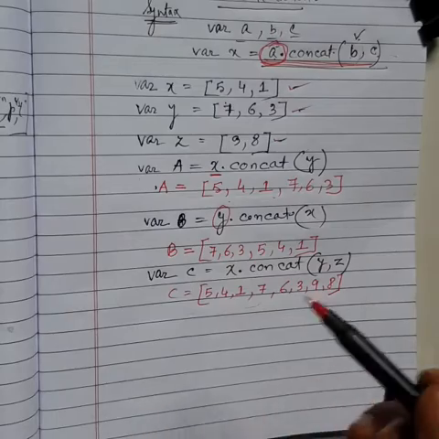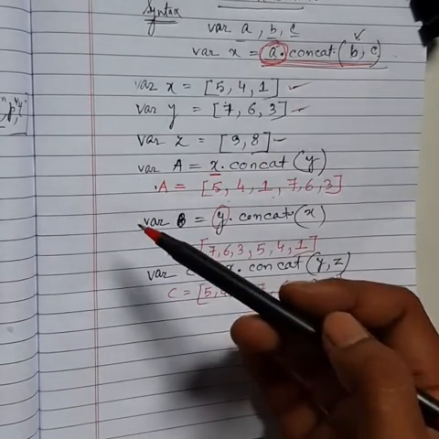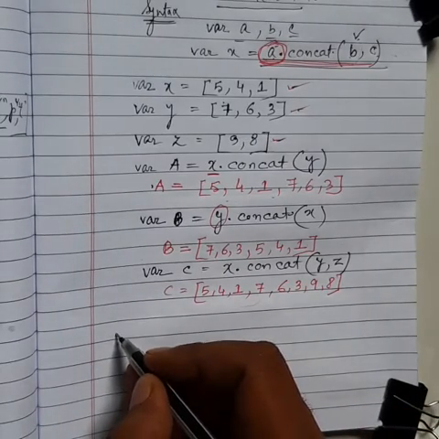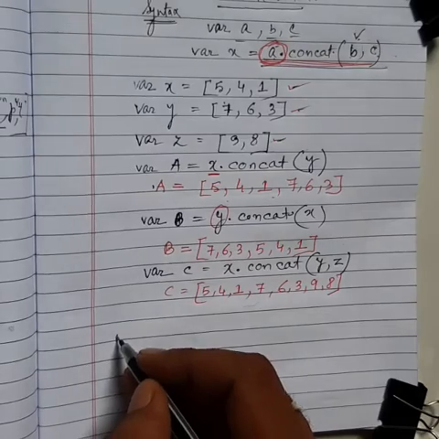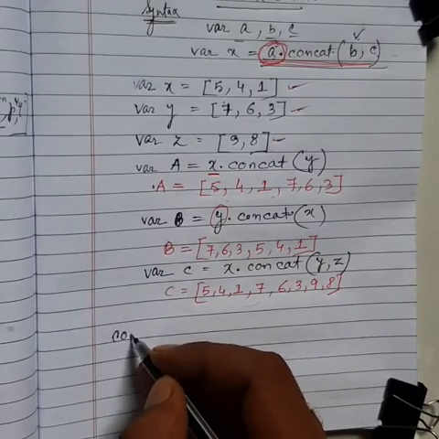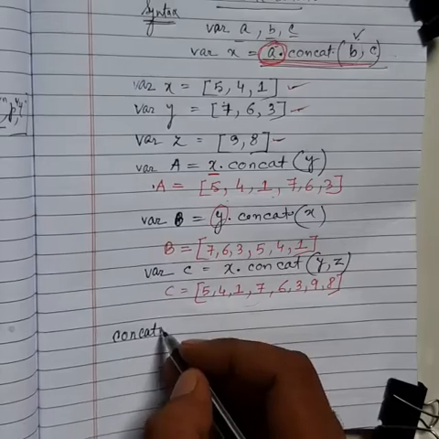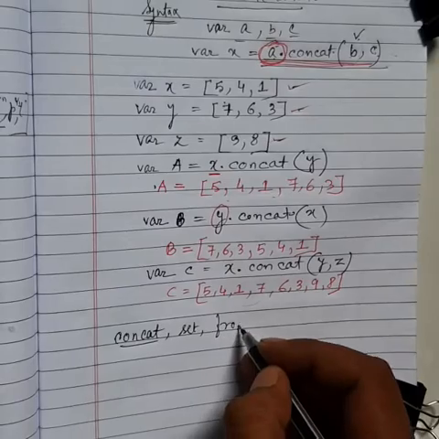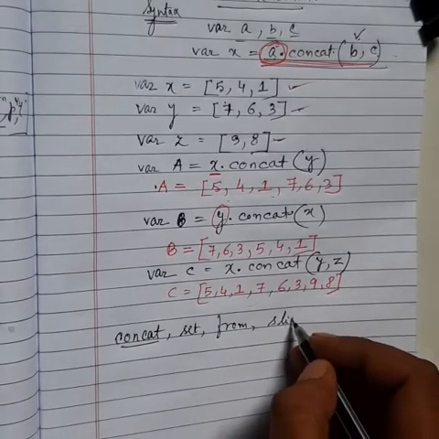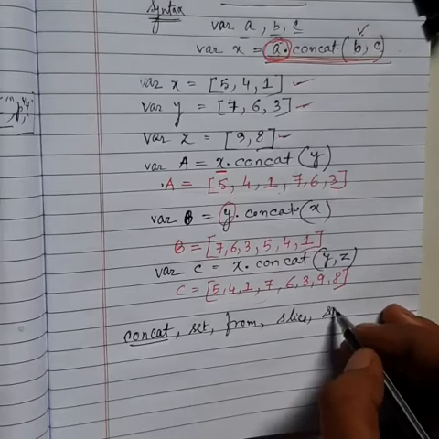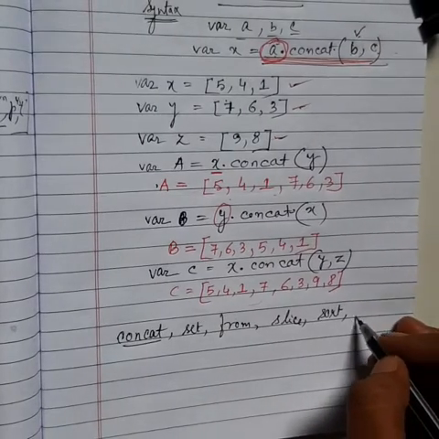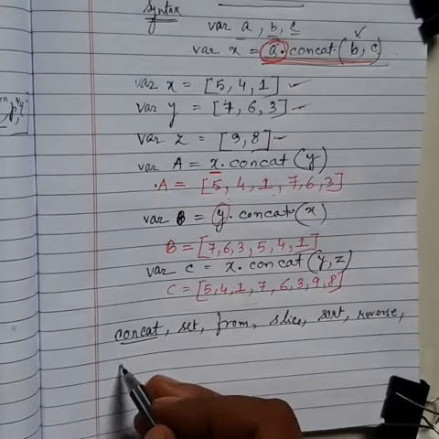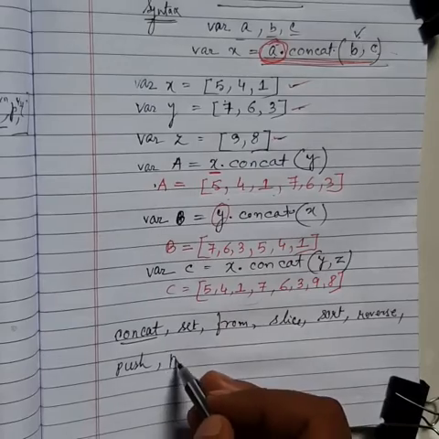So far we have discussed this concat, this set method. So let me recall what the methods are. Always we have to remember them. Concat method, then set method, then from method, then slice method, then sort method we have done, then reverse method, then push method, then pop method.